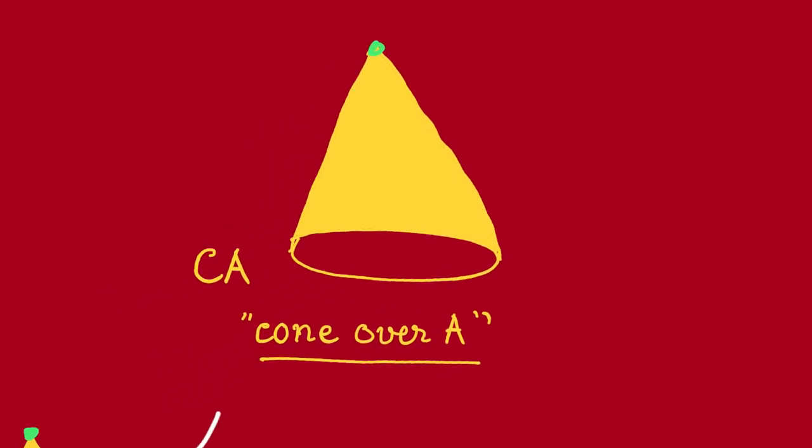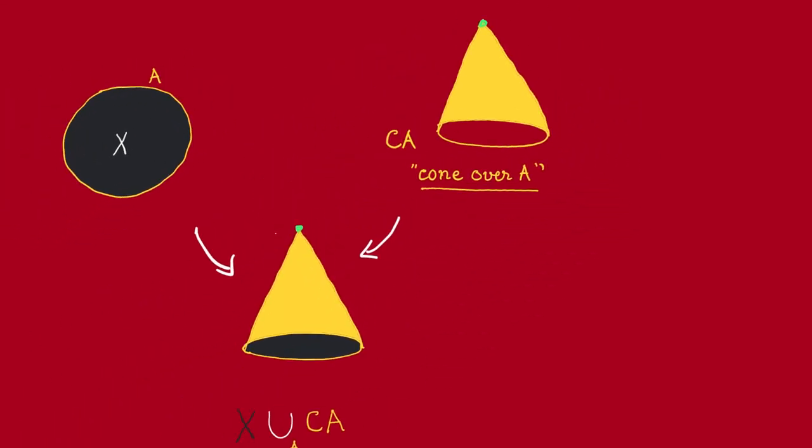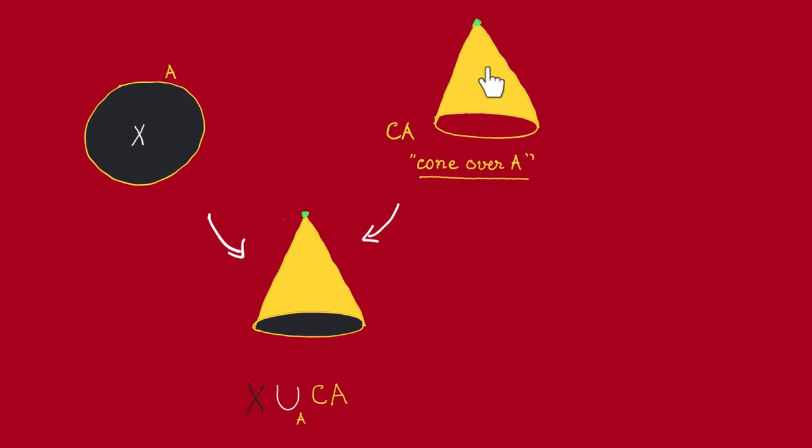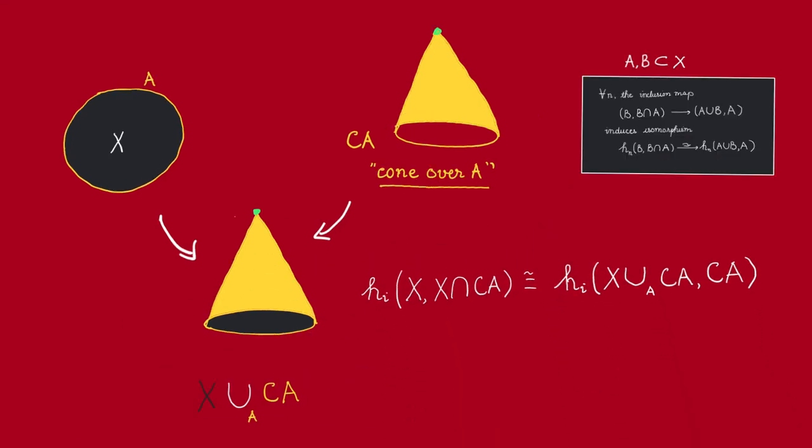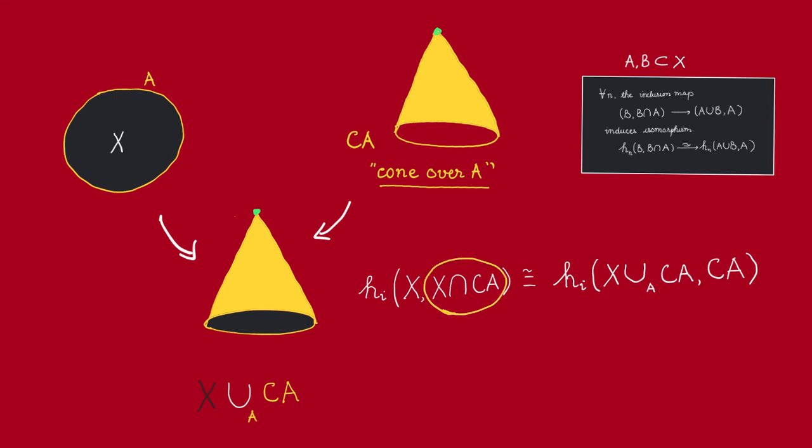Now coming back, we want to apply excision to the space obtained from gluing the cone over A to X along A. By excision, we have the following isomorphism. But now observe that this X intersect with the cone over A, that's just A, because they are glued together along A. On the other hand, observe that when we attach this X to the cone over A, then now the homotopy type of the cone over A inside this whole space is just trivial.